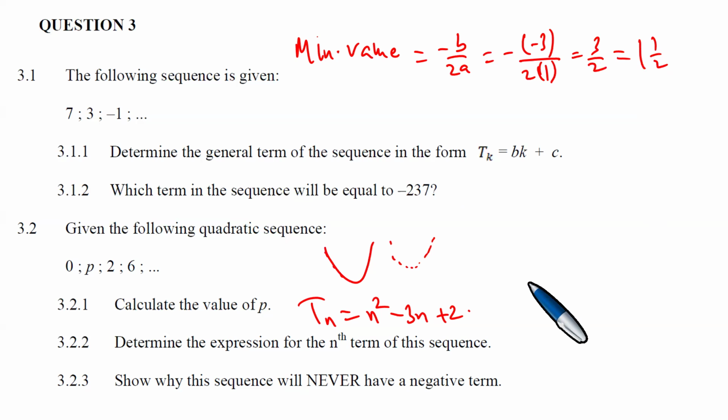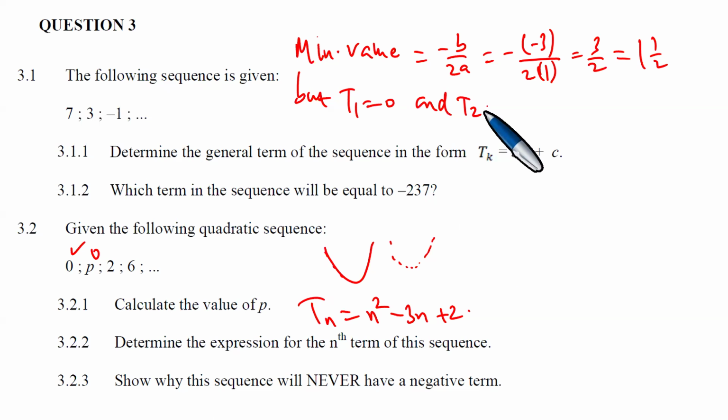Now, what then is the meaning of this? It means that the minimum value is at this position. But the first term is 0 here, and we know that p is 0, and the second term is also 0.